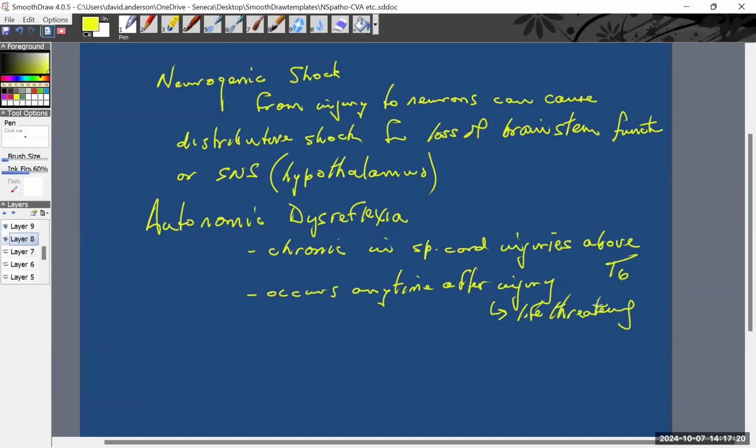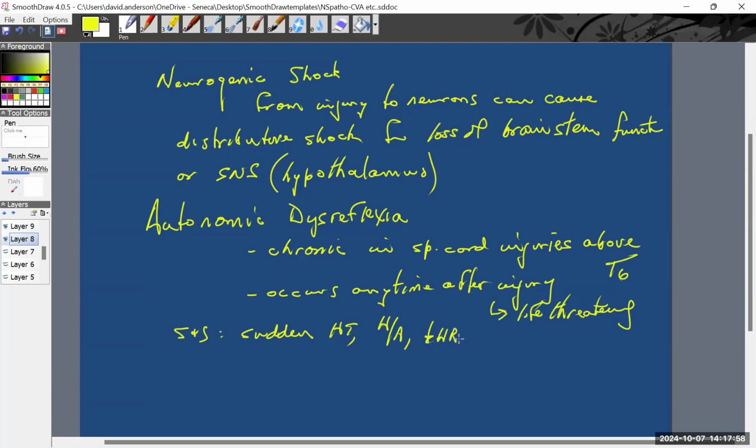So basically, it presents with a number of mechanisms that make it life-threatening. There's going to be sudden hypertension that's going to present with some headaches, but with a decrease in heart rate. The upper body will appear flushed and the lower body constricted, so pale, with sweating. So it presents signs and symptoms: sudden hypertension, headache, decreased heart rate.